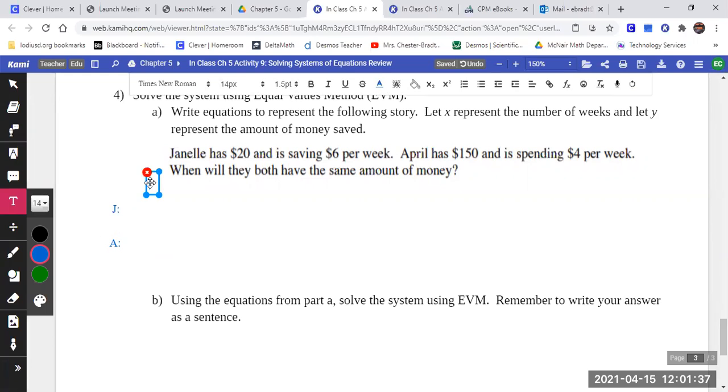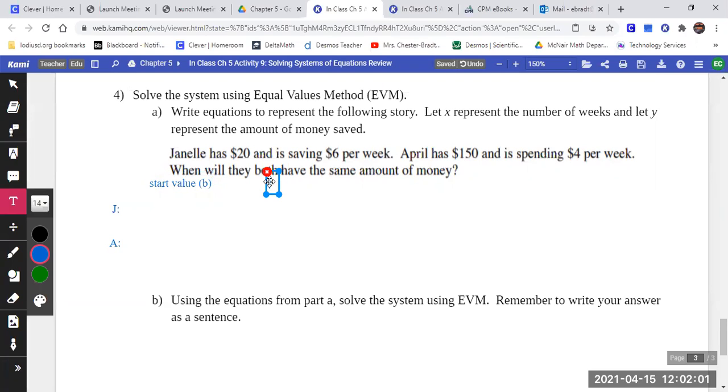Now they're telling us in the story some beginning. What letter from the equation is the beginning? The start value. Okay. The start value is our B, right? They also have to tell you in the story, in order for it to work, they have to tell you growth.